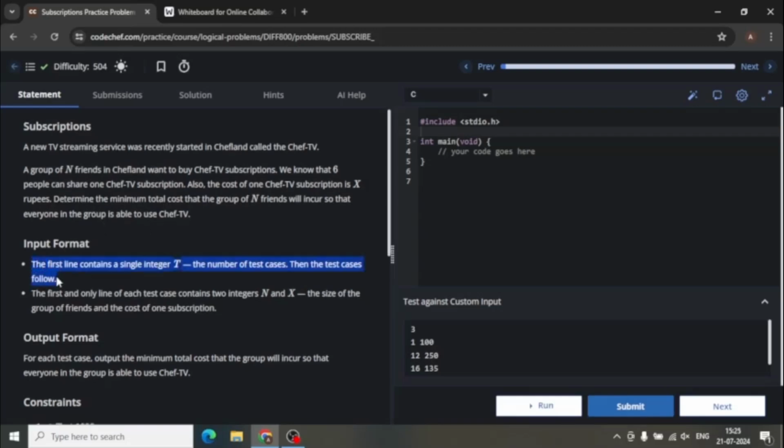The first line of input contains a single integer t, which again means total number of test cases.